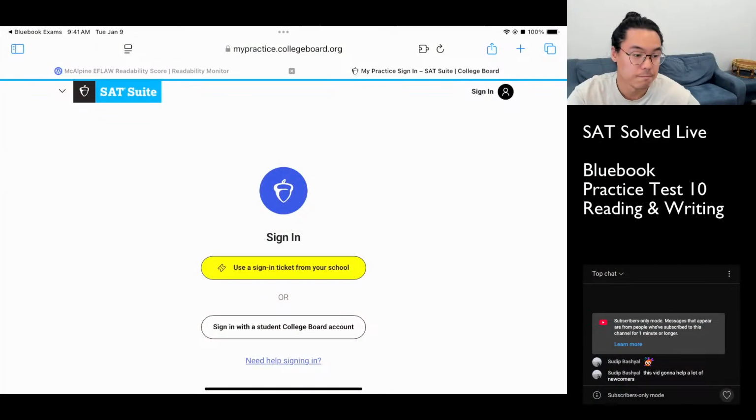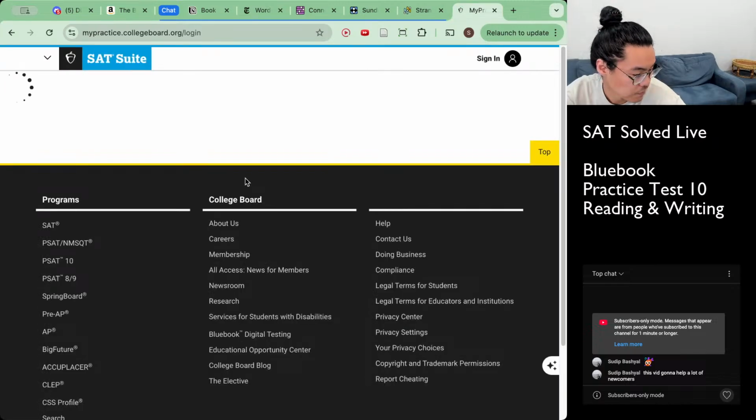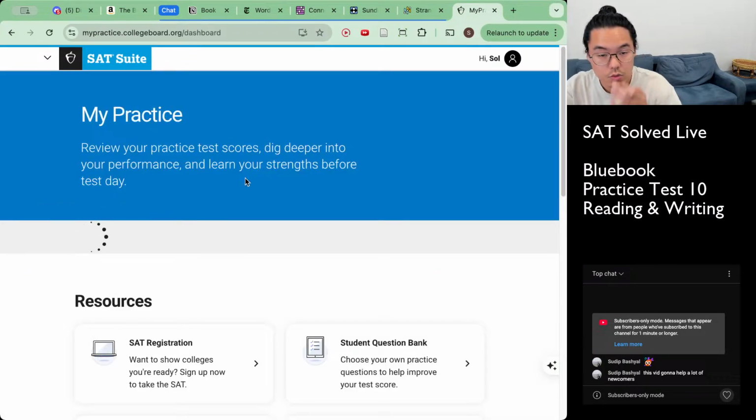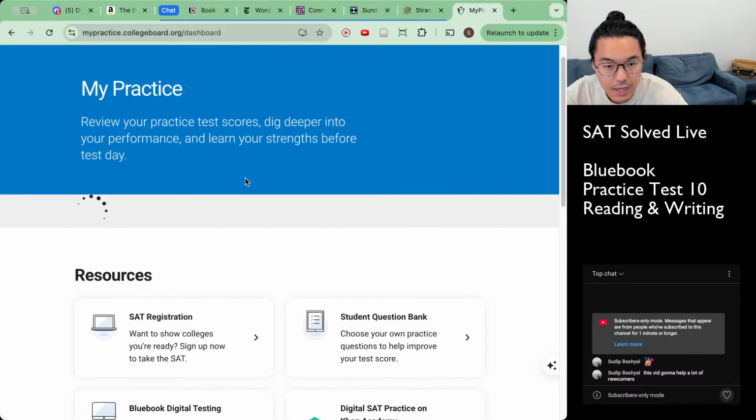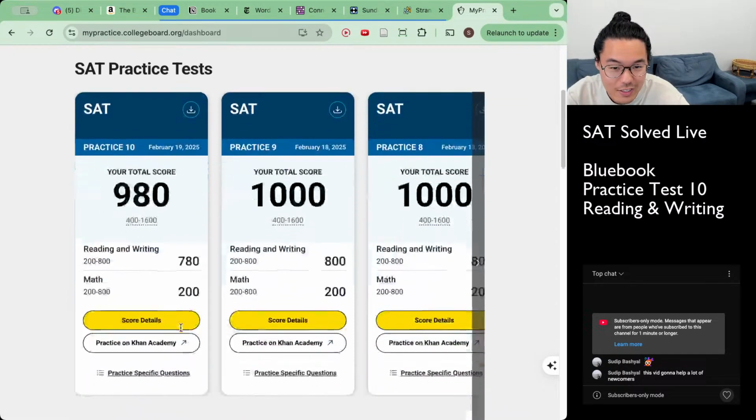All right, so score prediction is 800, and here it is. Oh no, wrong one. Here it is. Score prediction is 800, and I got 780. Oh my god, so annoying.